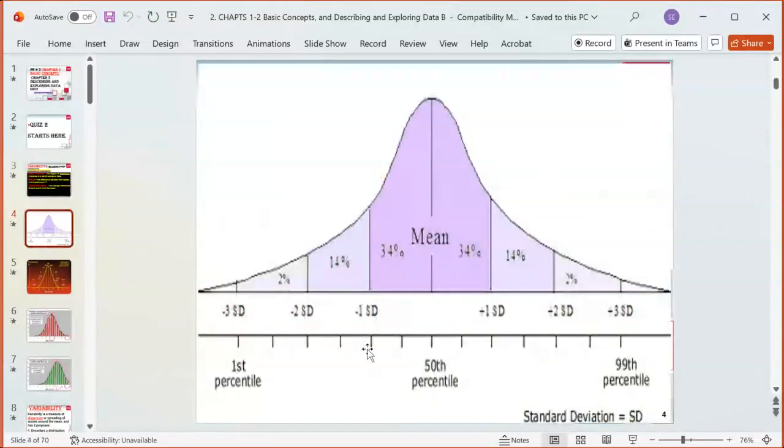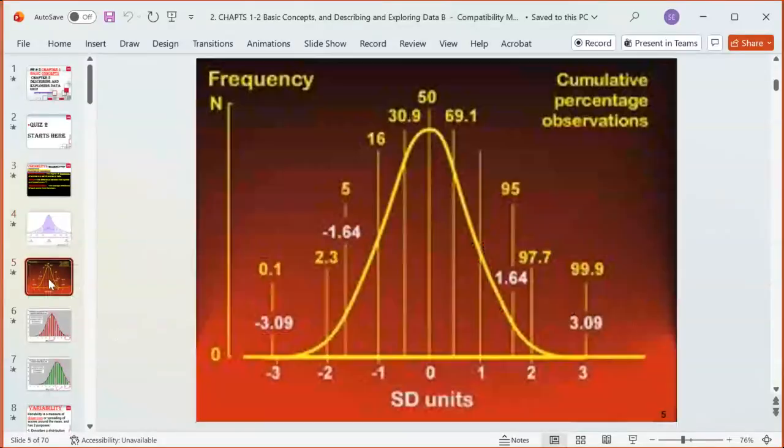As you can see, these lines at the bottom, or on top, these are standard deviation, meaning a fixed distance from the mean. In this case, it's just 1 point. You go up, it's positive. You go down to the left, it's negative. Or here, at the bottom, you can see that standard deviation is 1.